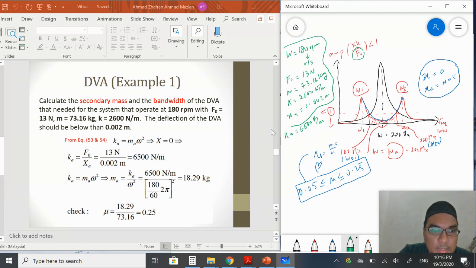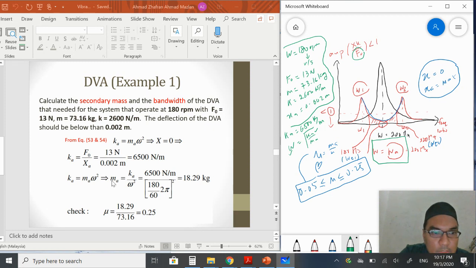From that, since you want to design, we always want to have omega equal to omega A, where you want to design the natural frequency of the DVA equal to the operating frequency. Using this one, KA over MA, you have the omega and KA, now you can get the value of MA.